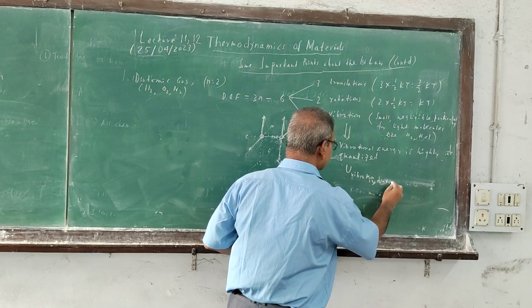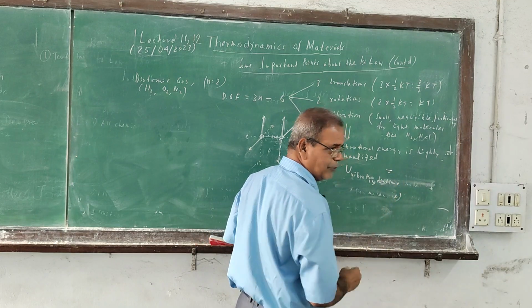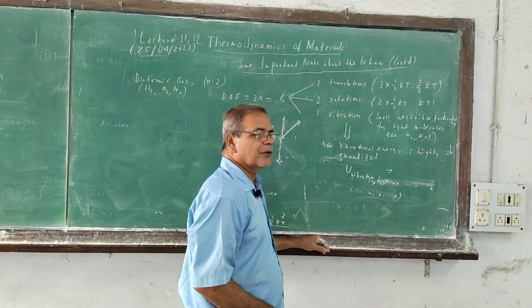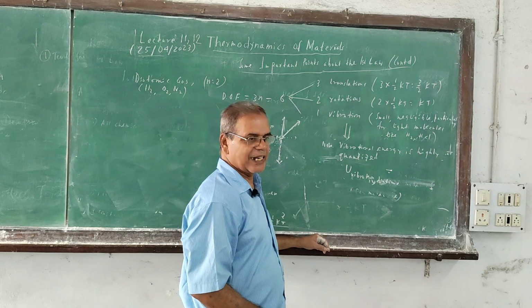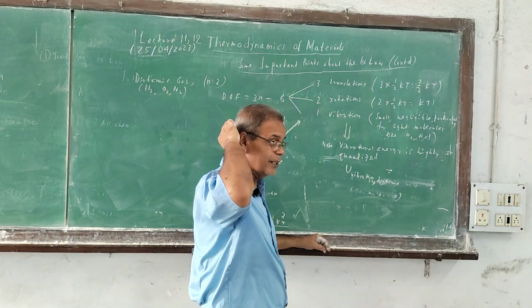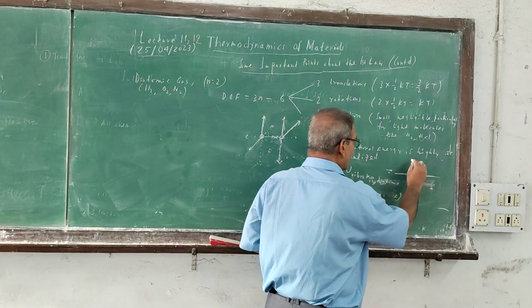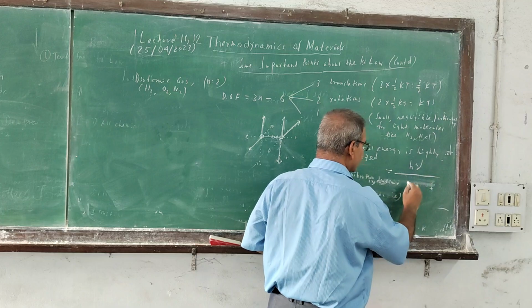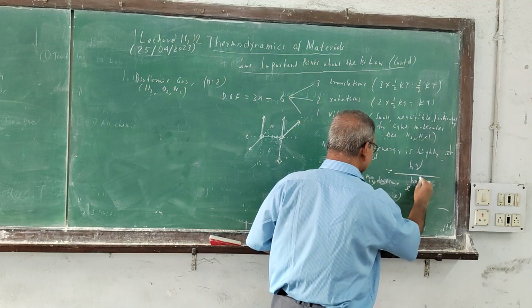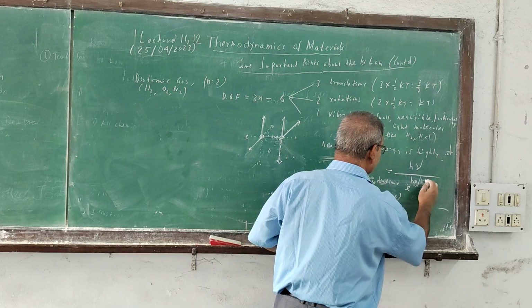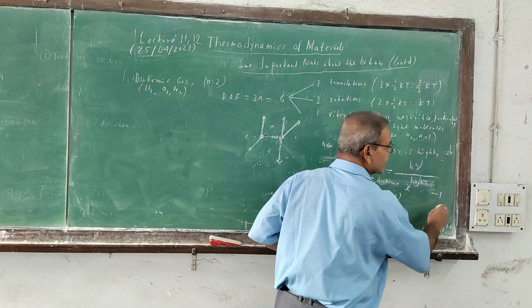Diatomic is what I am giving a value. This is actually the oscillator energy. That is actually Planck's theory. He considers the oscillator. So vibration, U is h nu over e to the power h nu by kT minus 1, this is the expression.